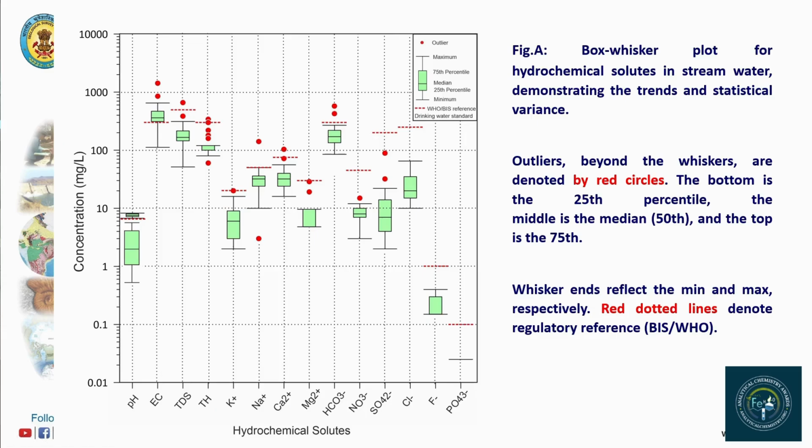But EC is within the permissible limit. All are within the permissible limit. There is no harm. The red dotted line is the regulatory line where we have plotted here, WHO and BIS we can see here. So all are within the permissible limit, all the solutes.